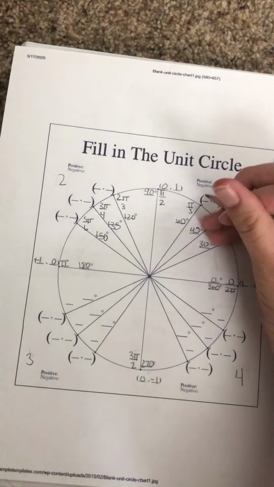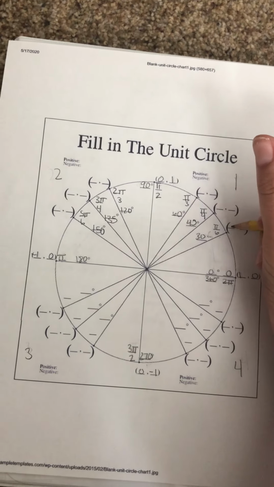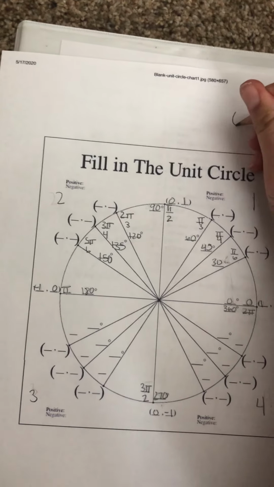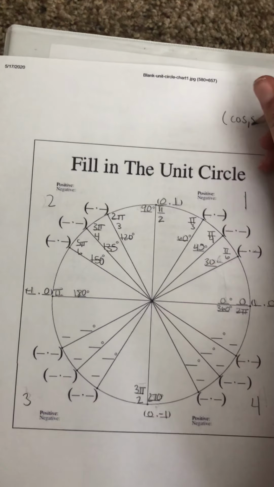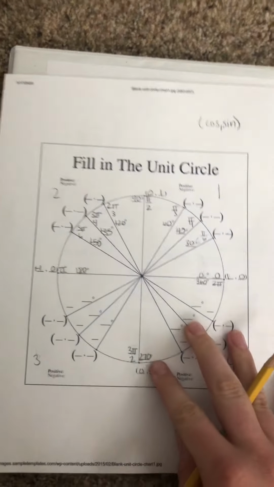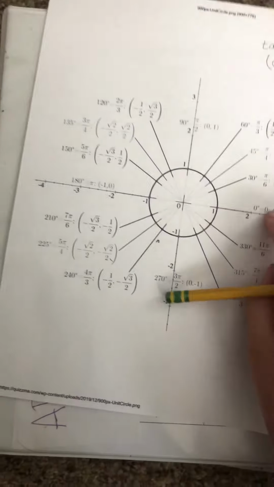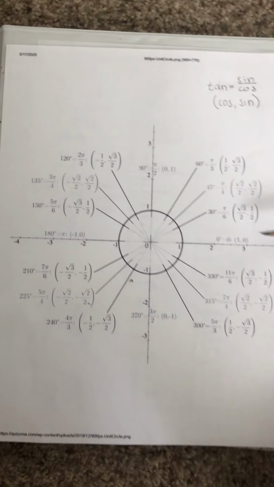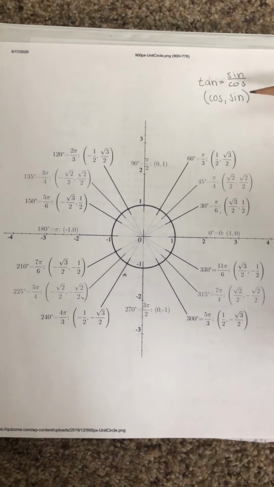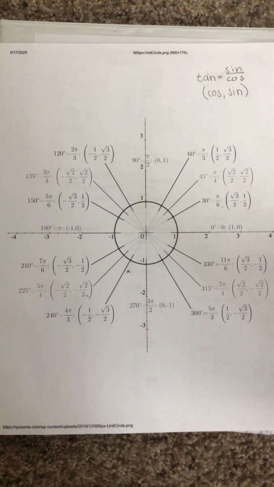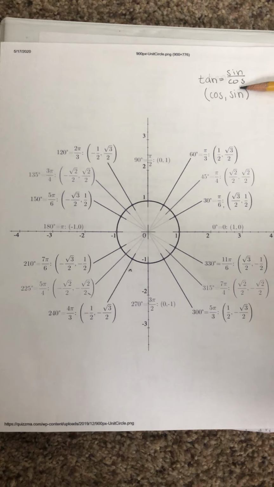To fill out these points now, the x point is going to be equal to cosine, and the y point is going to be equal to sine. Now we have to fill out the points, that's right here. So given this, cosine and sine, and tangent is equal to sine over cosine.